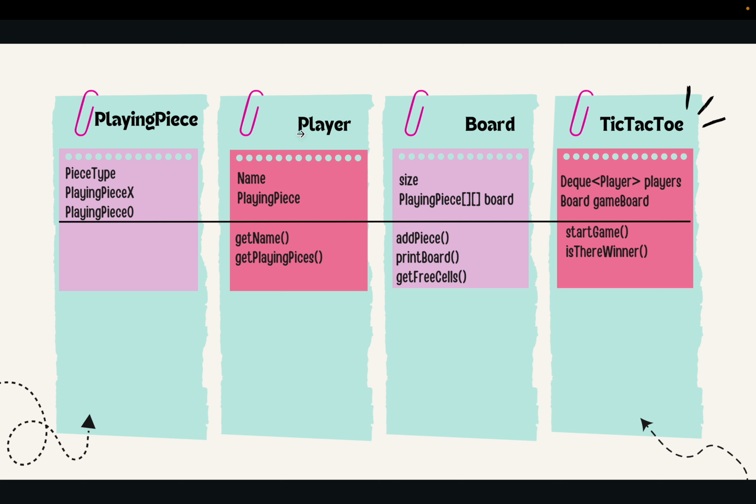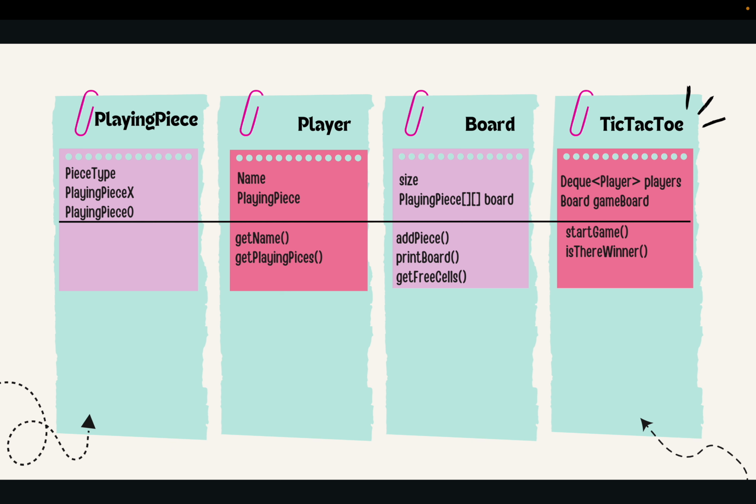It is a has-a relationship because a player has the playing pieces. After that, we have board, and board has a relationship with tic tac toe, which is also a has-a relationship. If you do not understand this, don't worry. When we code, we will understand it better.